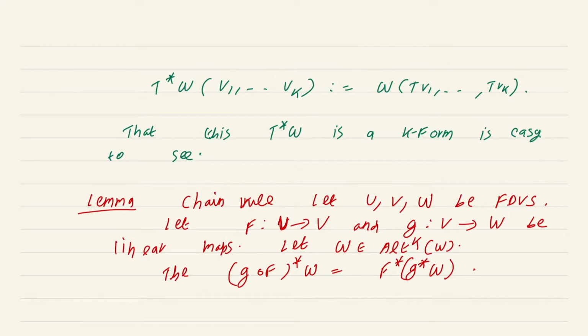When you pull back a form under the identity map from a vector space to itself, nothing happens. When you pull back a composition, you get this reverse chain rule sort of. In fancy language, one can say that the pullback is a contravariant functor.